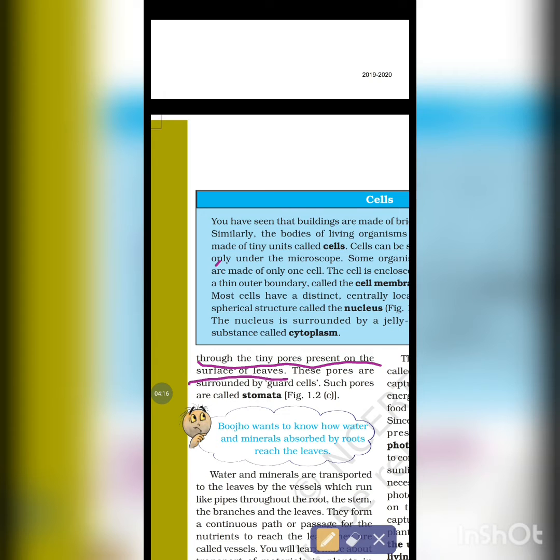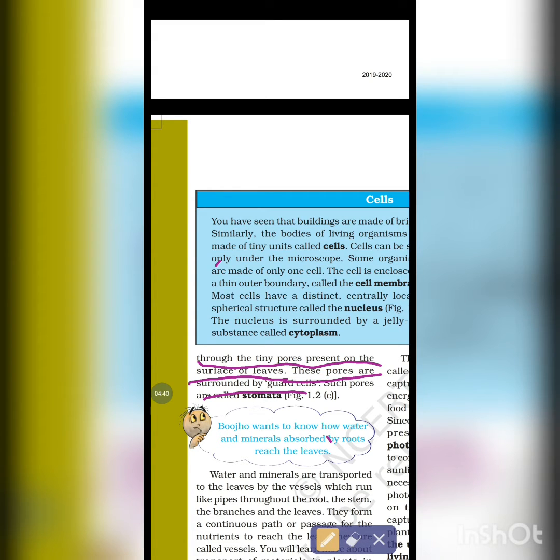In leaves, some tiny pores are there. If you see them under a microscope, you will see that it has small tiny pores. They can't be seen by naked eyes. These pores are surrounded by guard cells.